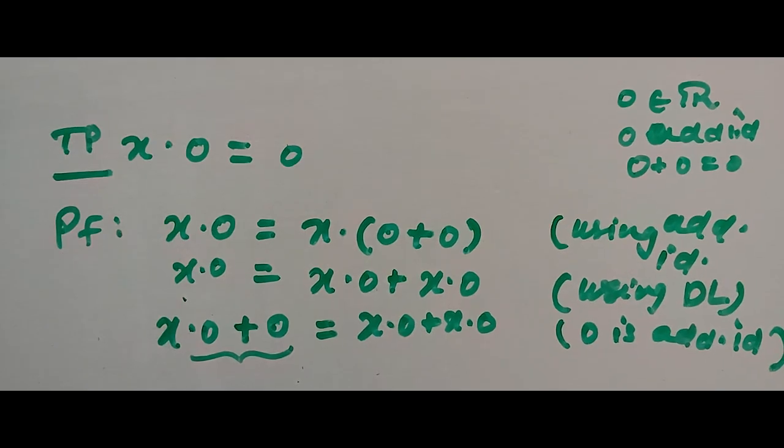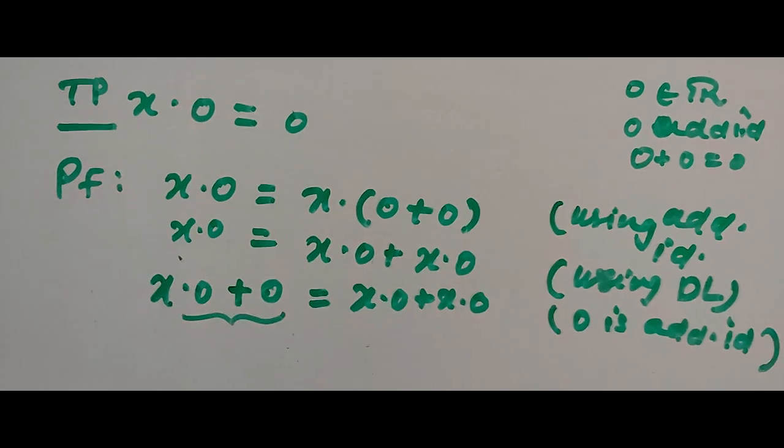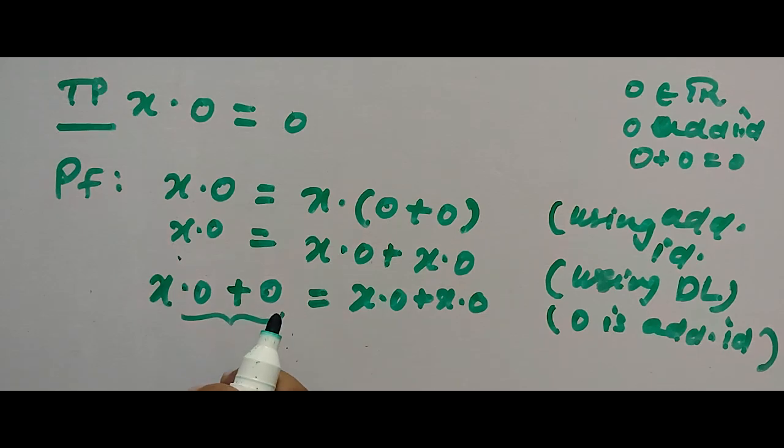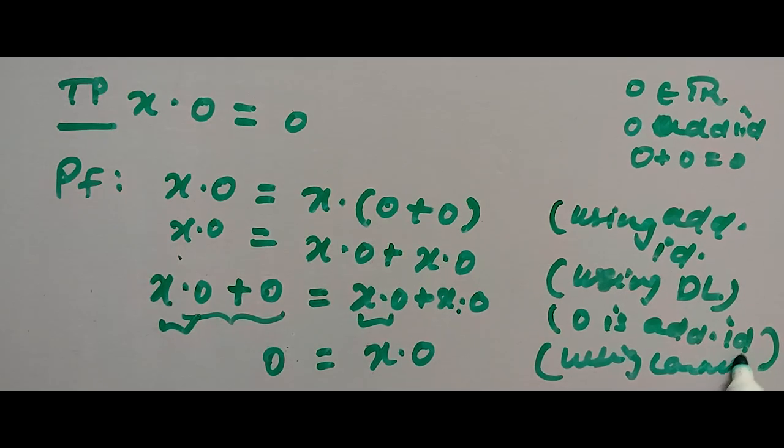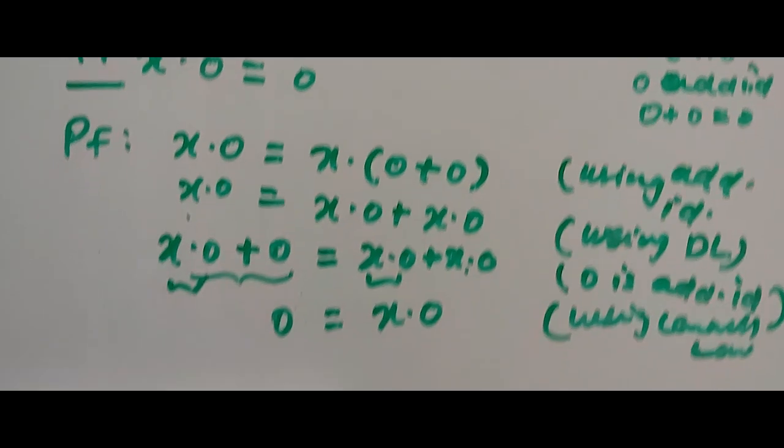Fine. Now since we have seen in the last result that cancellation law holds for addition, we use cancellation law. By using cancellation law, we can cancel the first term, which will give you x into 0 equal to 0 using cancellation law.